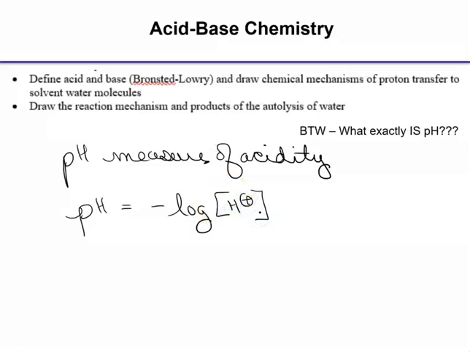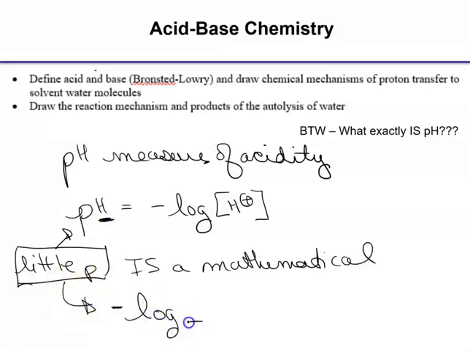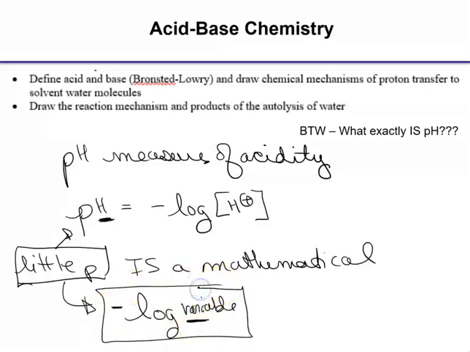All right, now where you see a P like this, little p is a mathematical function, and whenever you see little p with something after it, little p always means take the negative log of whatever that item is. So negative log of whatever that variable is. So little p is a mathematical function.